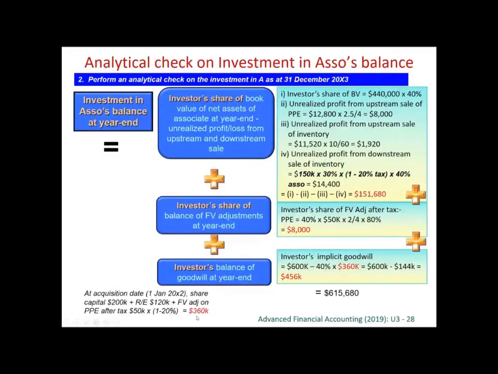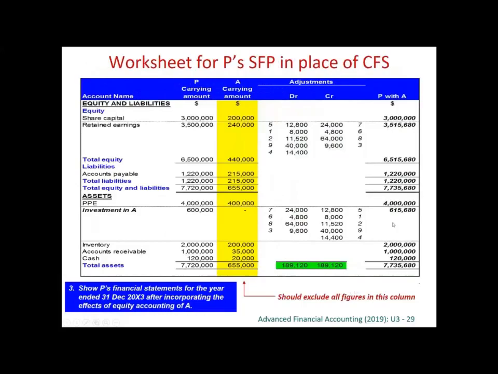So altogether, the fair value of the net assets is 360 after we consider deferred tax liability. So what we paid, 600,000, minus what we get, 40% of the 360, is goodwill. Actually, we paid extra for the goodwill component. When we add together book value of net assets, fair value adjustments, and the goodwill component, you successfully reconcile your investment in associate.